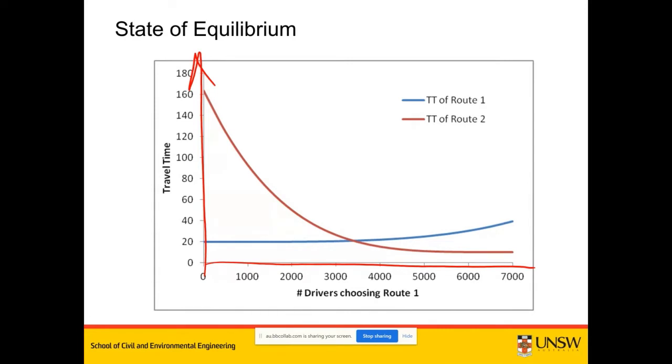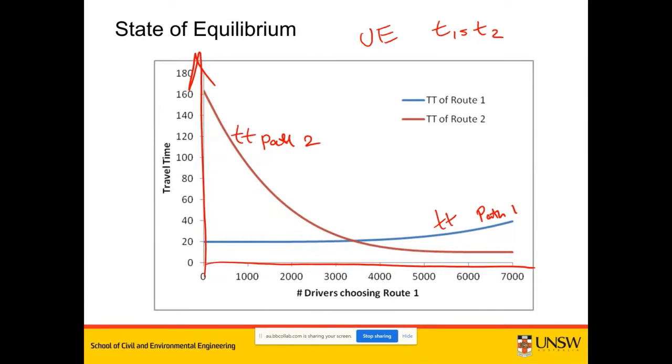So what will happen here is, this is the travel time function of path 2, sorry, and the blue one is path 1. So the travel time function of path 1. And again, user equilibrium, we said T1 should be equal to T2, right? So the travel time functions must be equal.